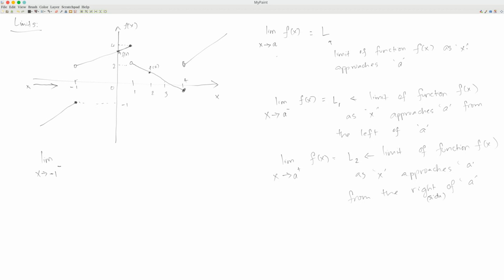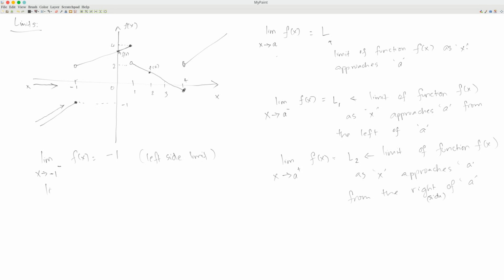As x gets closer and closer to -1, the function is getting closer and closer to that point. So at -1, when you come from the left hand side, you kind of hit that wall and you end up having -1. The point that you hit first, as x approaches -1, the value of the function is -1. That is called the left-sided limit, or the left side limit of f of x.